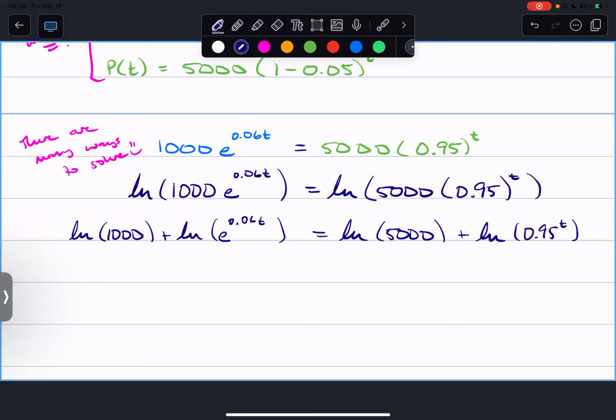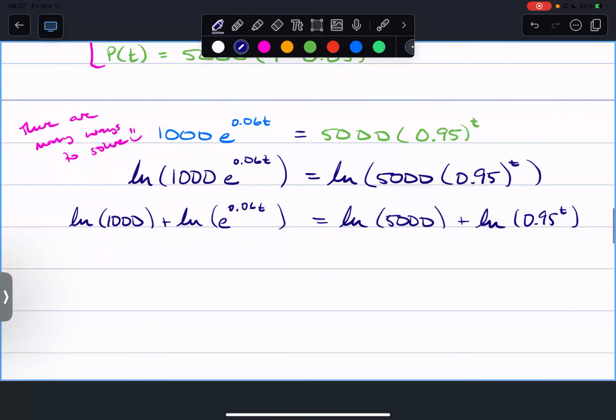What I'm gonna do is simplify a little bit. I'm going to move this log 1000 over to the right hand side, kind of lump it with the log of 5000. I'm also going to drop this down, right? The natural log of e to the power of 0.06 t is just 0.06 t.